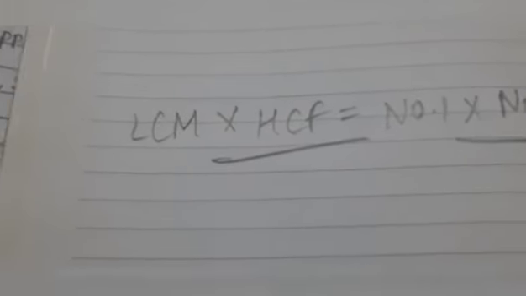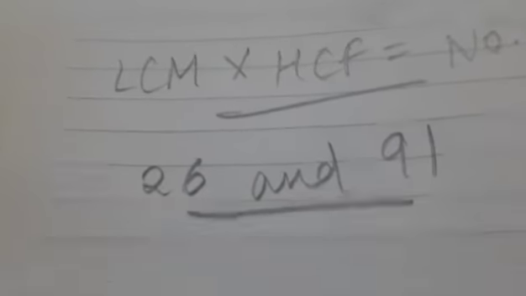So in the first question we are given these two numbers, 26 and 91. How are we going to do this? First we will find the LCM, then the HCF, and then we will prove it for the product of two numbers, right?